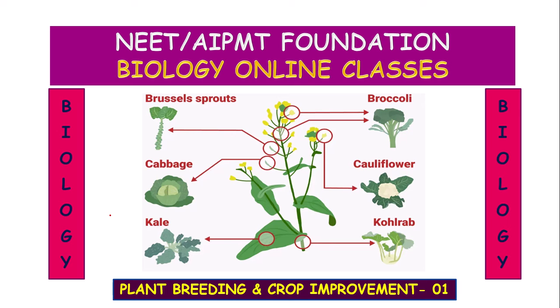Plant breeding is the genetic improvement of crops in order to create desired varieties of plants, types that are better suited for cultivation and that give better yields and are resistant to diseases.